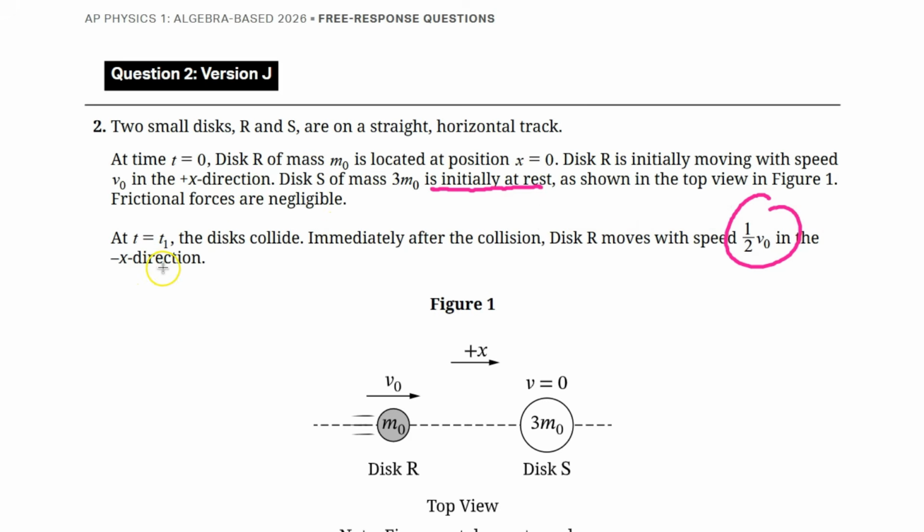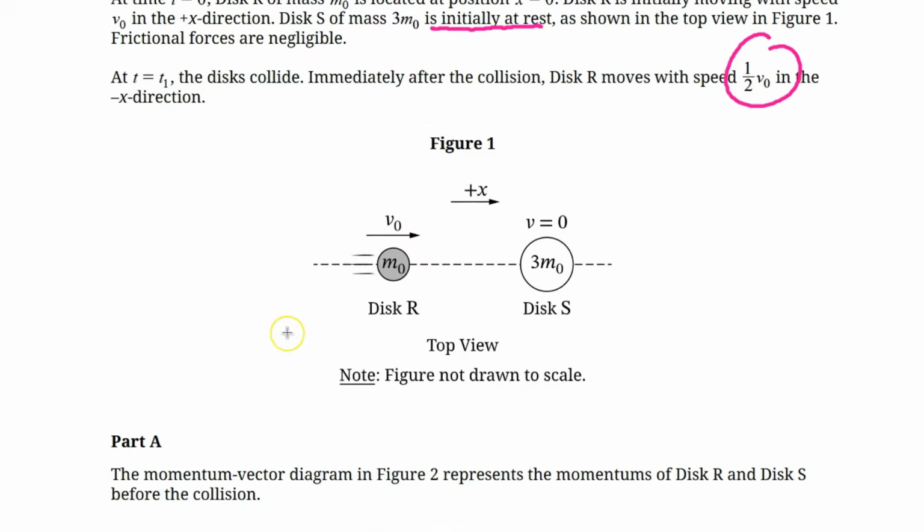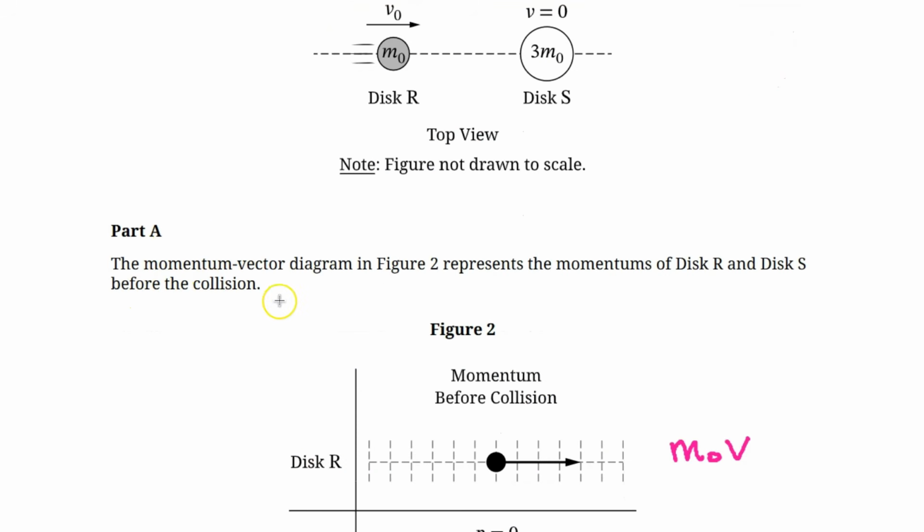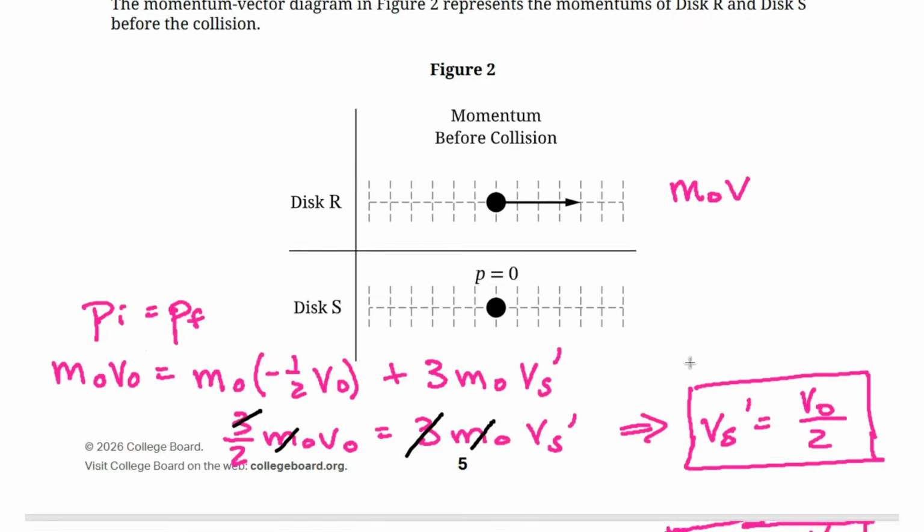At t equals t1, the disks collide. Immediately after the collision, disk R moves with a speed of v0 over 2 in the negative x direction. Part A, the momentum vector diagram in figure 2 represents the momentums of disk R and disk S before the collision.